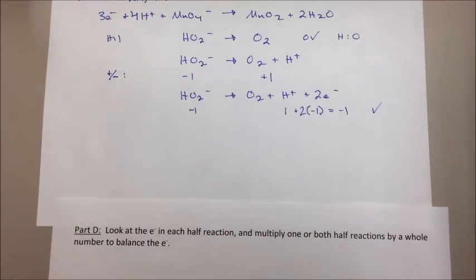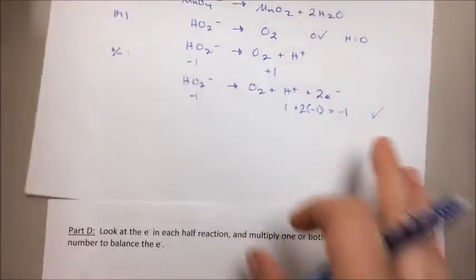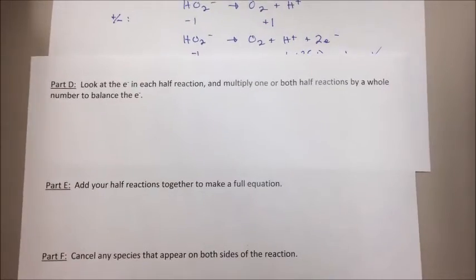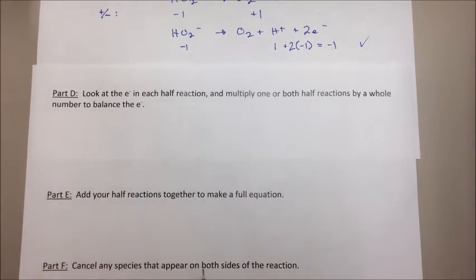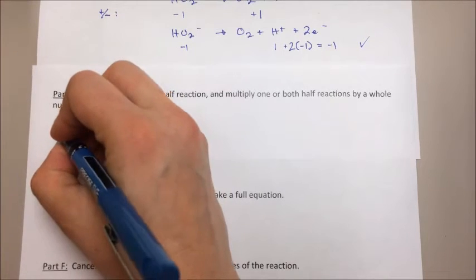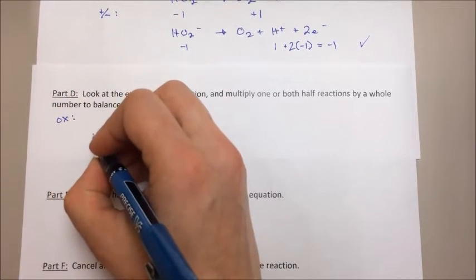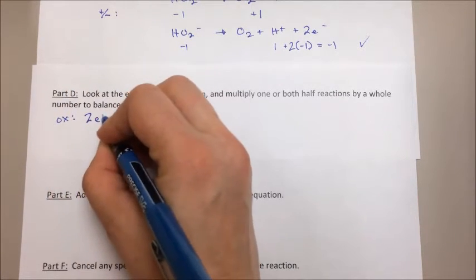The next step, we're going to look at the electrons involved in each of the half reactions and multiply one or both of them by a whole number to balance electrons. In our oxidation half reaction, we've got 2 electrons involved.